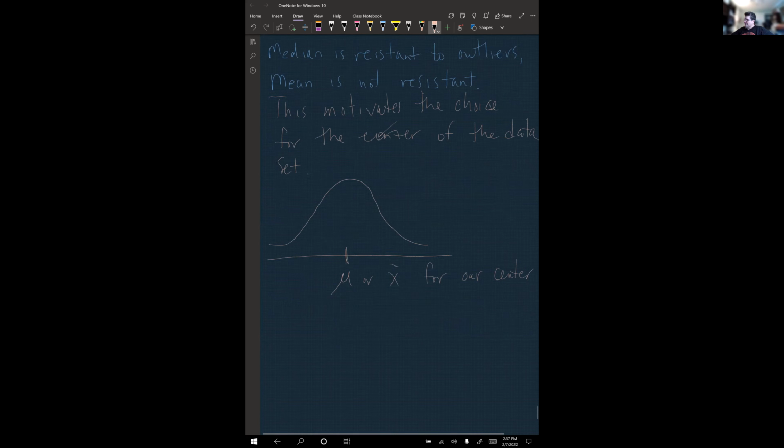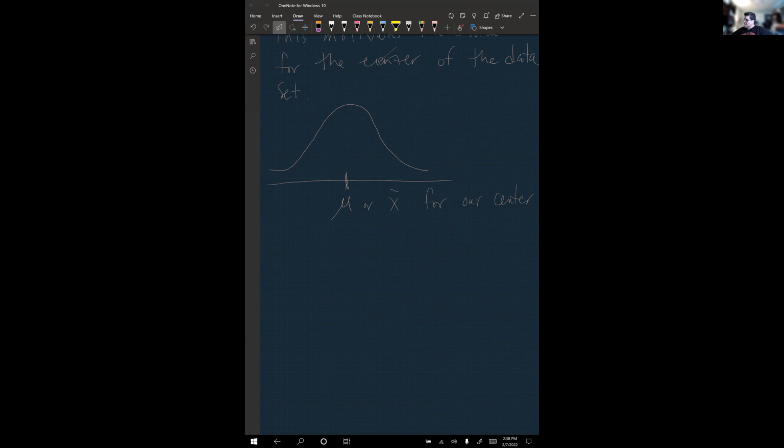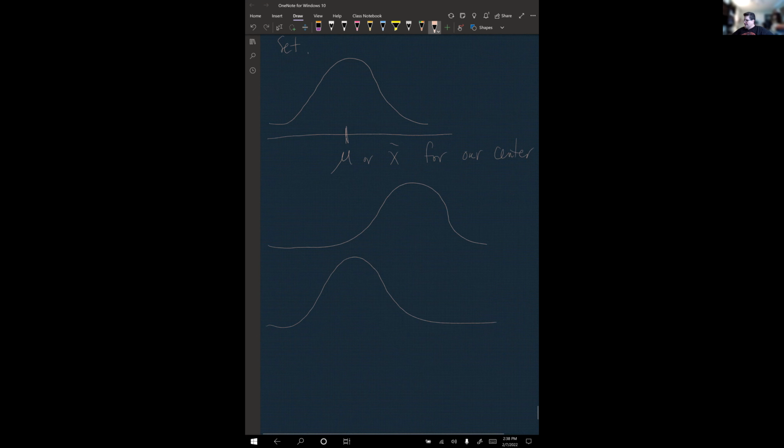And for skewed graphs, we will use the median.